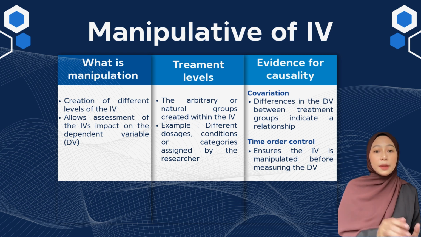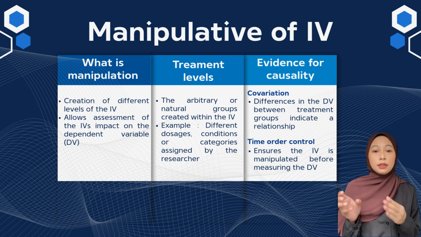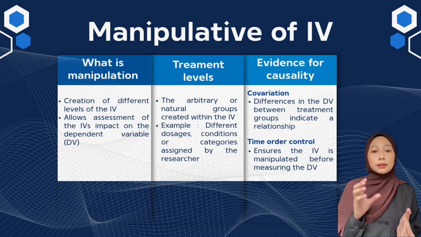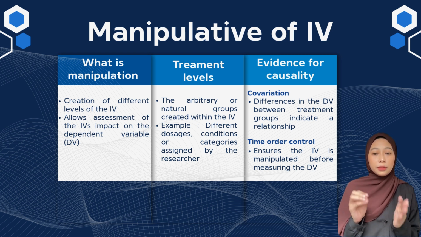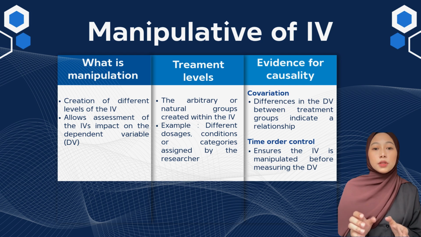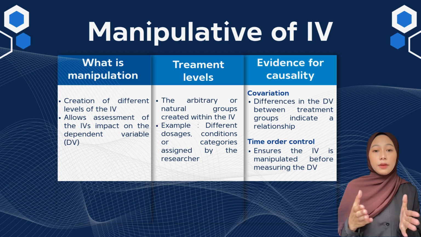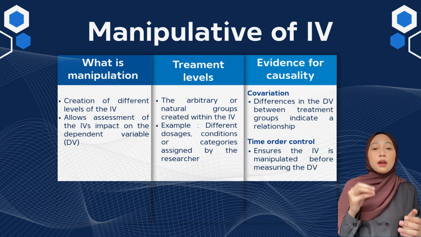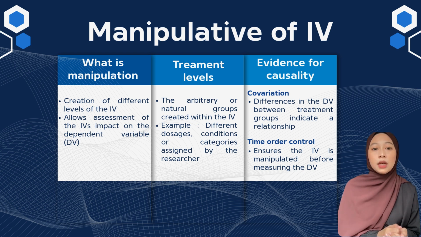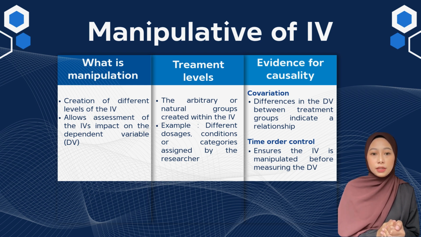Manipulation of the independent variable. In an experiment, manipulation is a key factor that sets it apart from non-experimental methods. It refers to the intentional change researchers make to the independent variable to observe its effect on the dependent variable. First is manipulation.